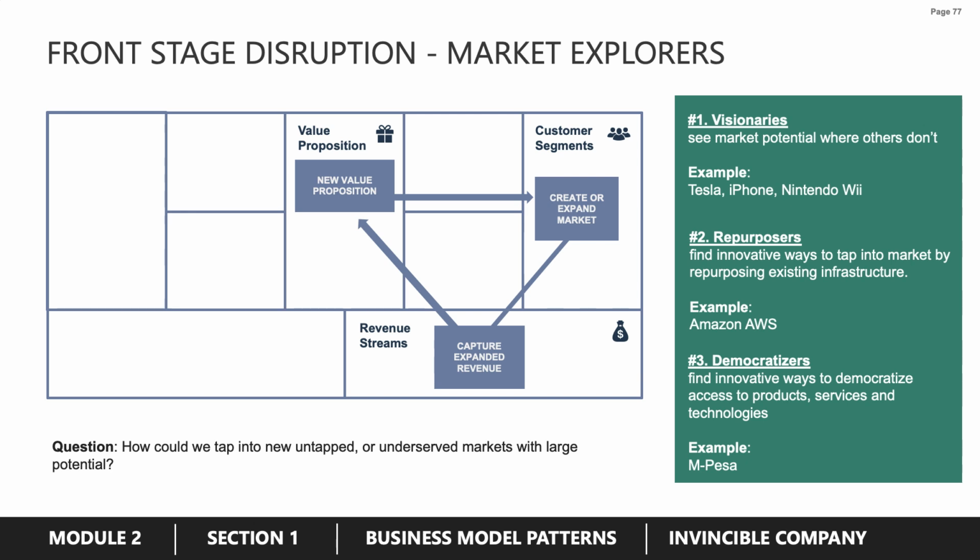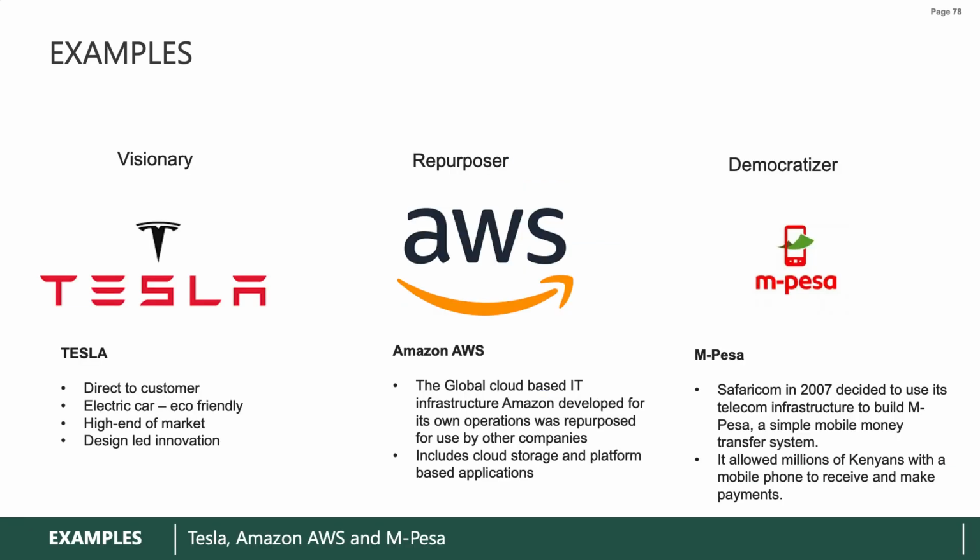And these basically provide services to what's often called underserved customers, people that maybe couldn't afford or can't achieve a normal product or service. So we're going to walk through some of these in a bit more detail. So as I said, Tesla went direct to customers. It produced an eco-friendly car and it aimed at the high end of the market.